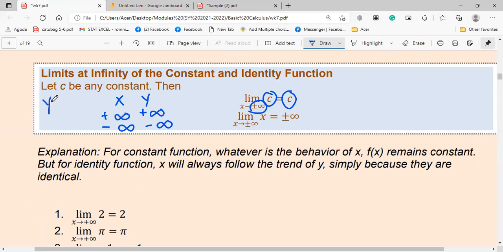Identity function, y is equal to x. Pero class, iba ang kwento ng y is equal to negative x, dahil ang kakayahan ni negative sign ay baliktarin ang ginagawa ng isa. So kung halimbawa, si negative x approaches positive infinity, anyway, i-clear out natin ito as we go through kasi yan na yung constant multiple theorem.